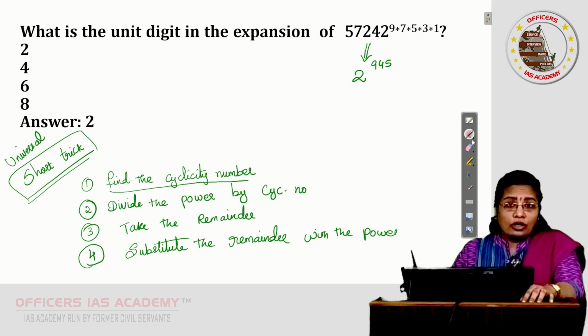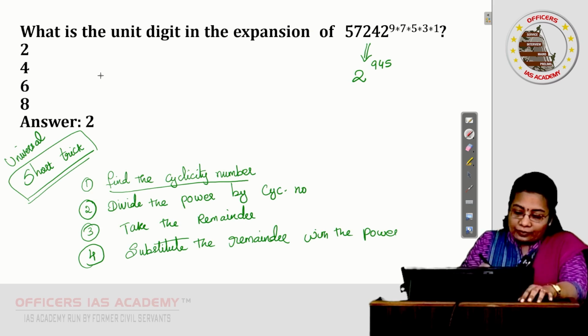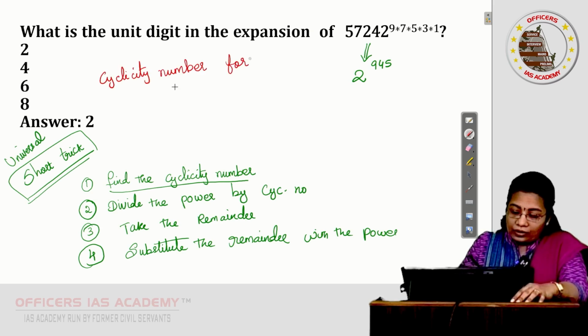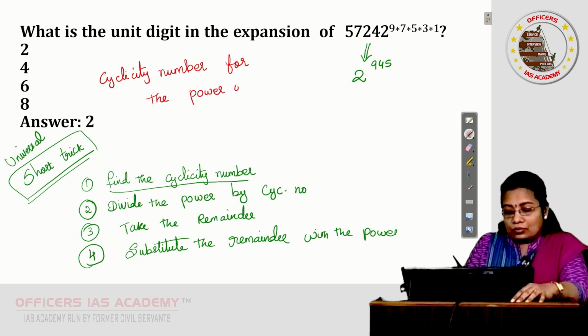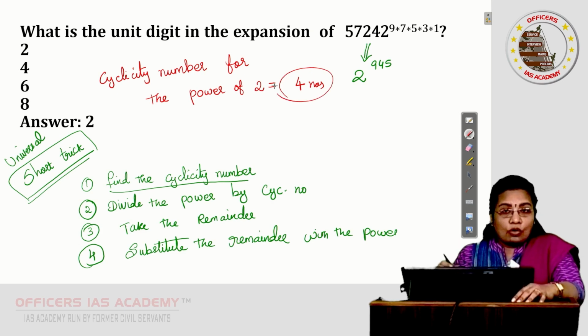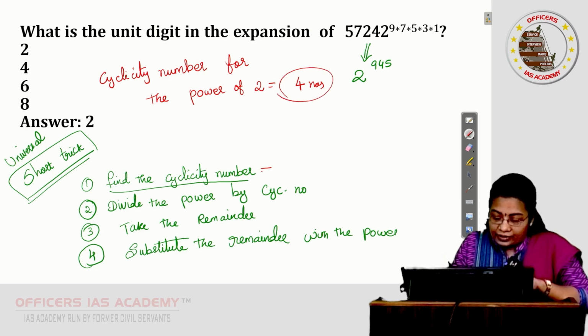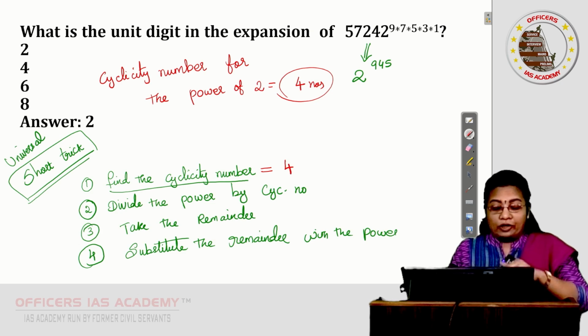As you all know, the cyclicity number for the power of 2 is equal to 4 numbers. So, we want to consider this 4 as the cyclicity number in this case.